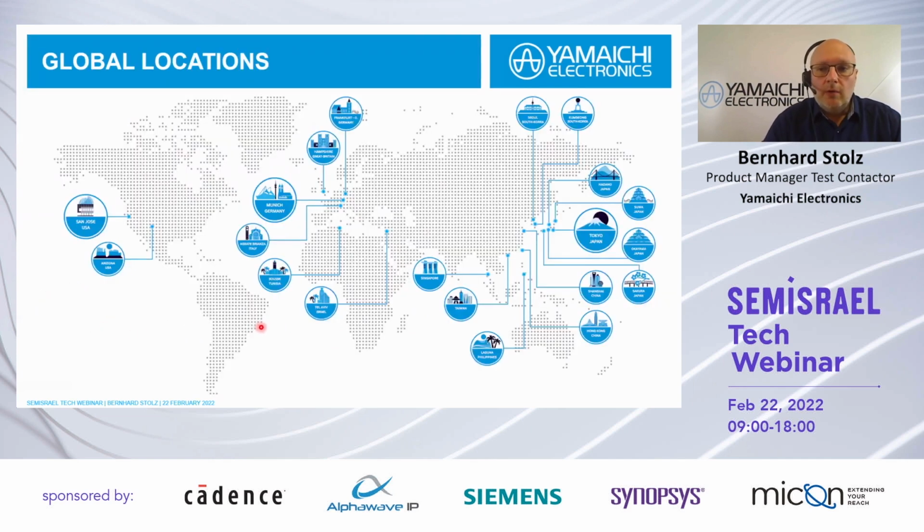We are located globally, with headquarters in Japan, where there are many production sites. There are also sales offices in Asia. In the US, we have a sales and production site. And in Europe, we have the location here in Munich, plus sales and engineering locations, and our own production in Frankfurt Oder.